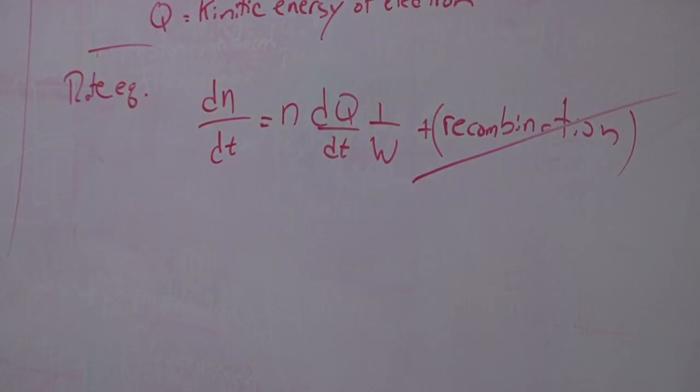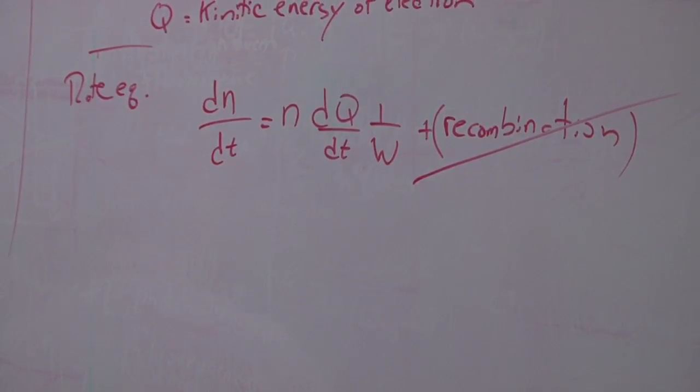So we'll assume that the laser pulse is short enough that it can ionize atoms, but it's not long enough for the atoms to recombine during the pulse duration. So maybe your laser is running at a kilohertz, so you send in a short laser pulse, you ionize some fraction of the atoms, and by the time the next laser pulse has arrived, they've all recombined, but no recombination during the duration of the laser pulse itself.